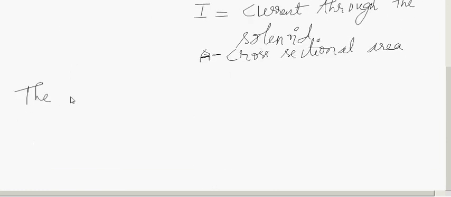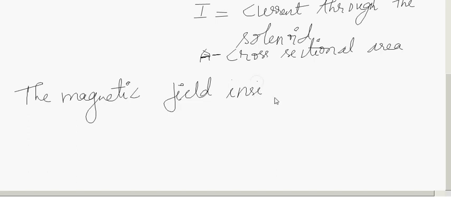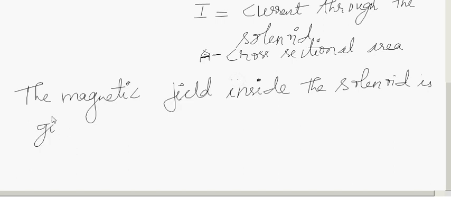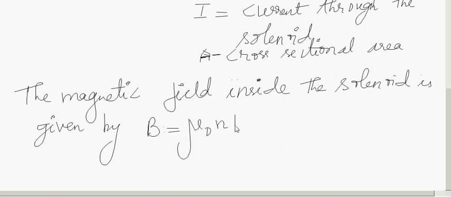The magnetic field inside the solenoid is uniform and constant, and is given by B is equal to mu naught n I.